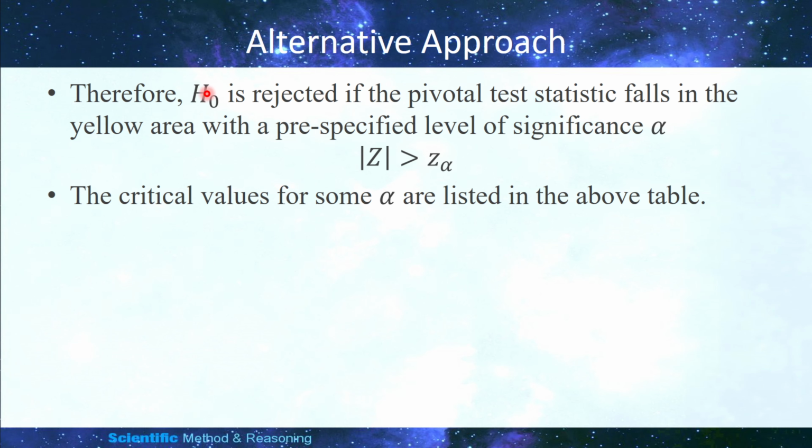That means the null hypothesis can be rejected if the pivotal test statistic Z falls in the yellow area with a pre-specified level of significance alpha.